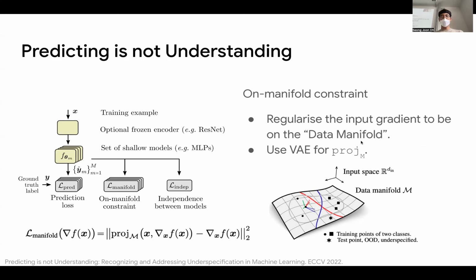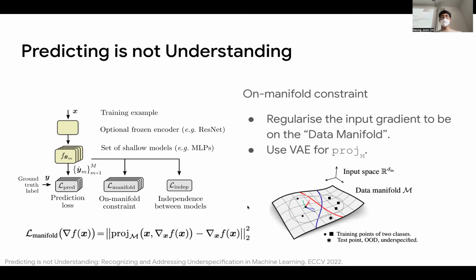The way they project their input gradient to the tangent space of the manifold is by using a variational autoencoder. Because what a variational autoencoder does is learn the data distribution, and therefore you have the information about what is likely data and what is not.